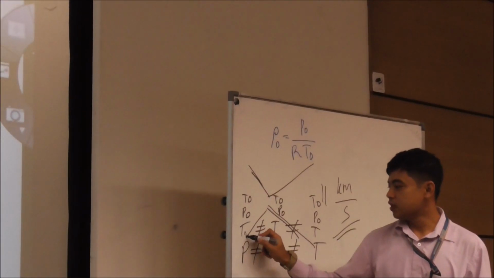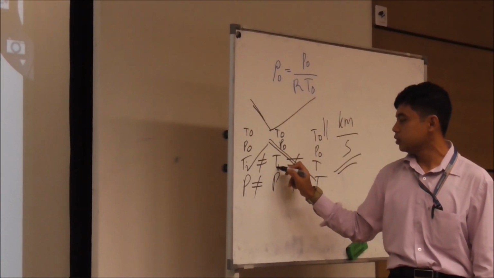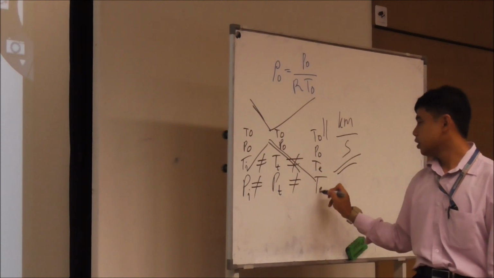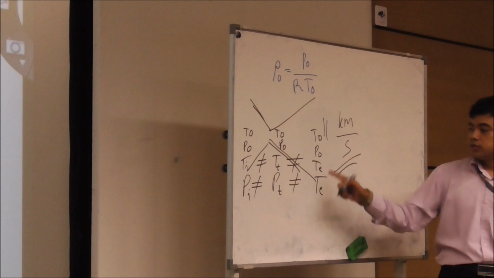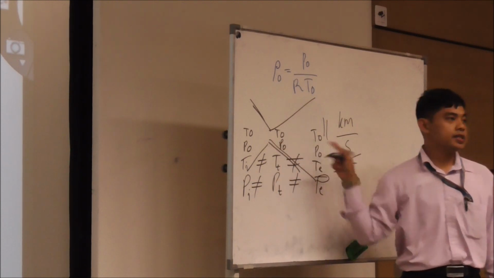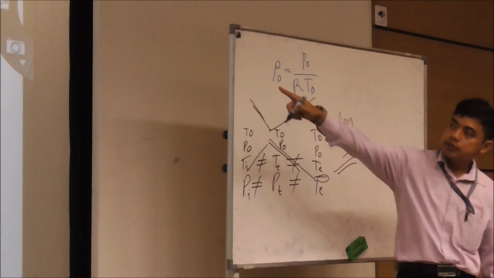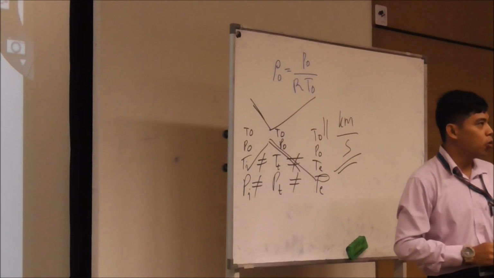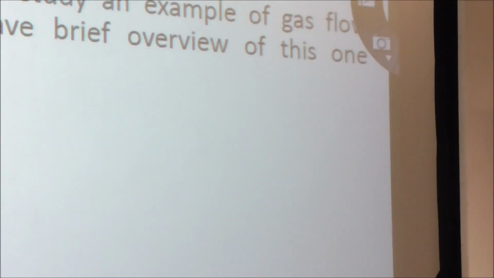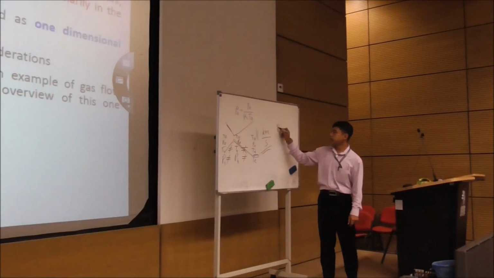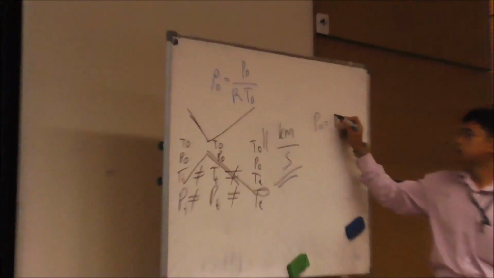Let's label this one inlet, this one throat, this one exit. So you see, this one is not the same, but this one is the same. That's why we have to have isentropic flow. And also, if your isentropic flow is not valid, you cannot get this one anymore.